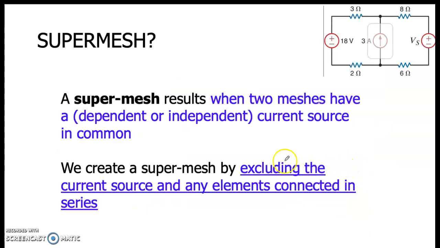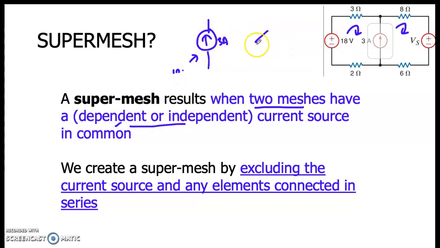Okay, so what is actually super mesh? It results when two meshes, so how many meshes do we have here? 1 and 2, have a dependent or independent current source. So what does this mean? Let's say this is 3 ampere. We call this one independent, because it doesn't depend on anything.